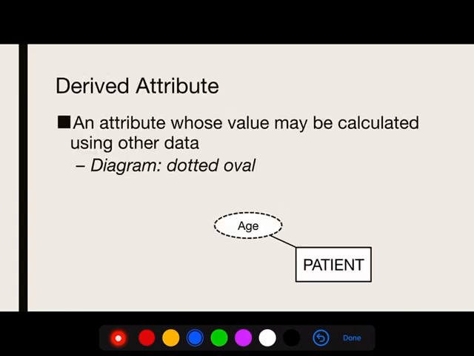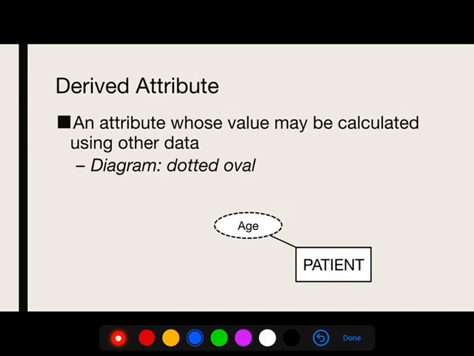Finally, we have this idea of a derived attribute. A derived attribute is an attribute that you want to show in your model. It's an important property of your entity, but that value can actually be calculated from some other information in the data model. The obvious one is age.